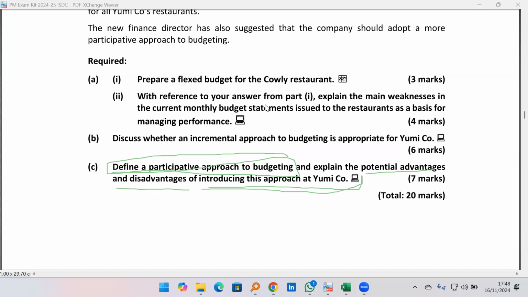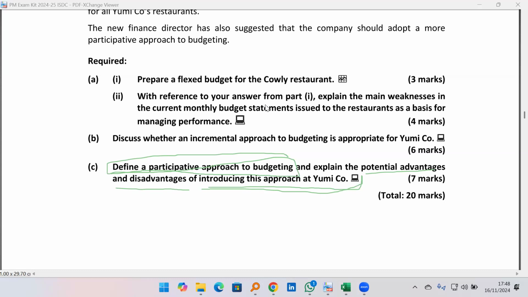They normally don't penalize you on the conclusion based on whether you have concluded this way or the other way. The point is that you have to give an opinion, based on what you have put. So you could have said that based on the advantages of incremental budgeting, and given that Yumi has a very stable customer base for most of its locations, it is appropriate.